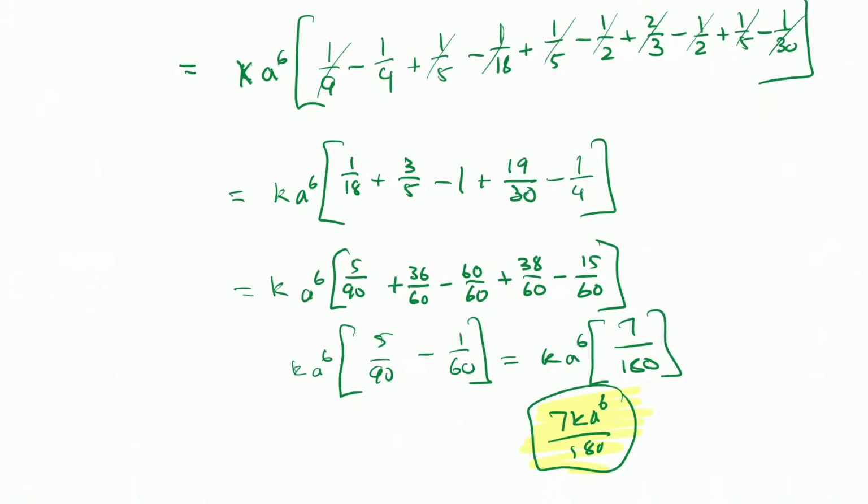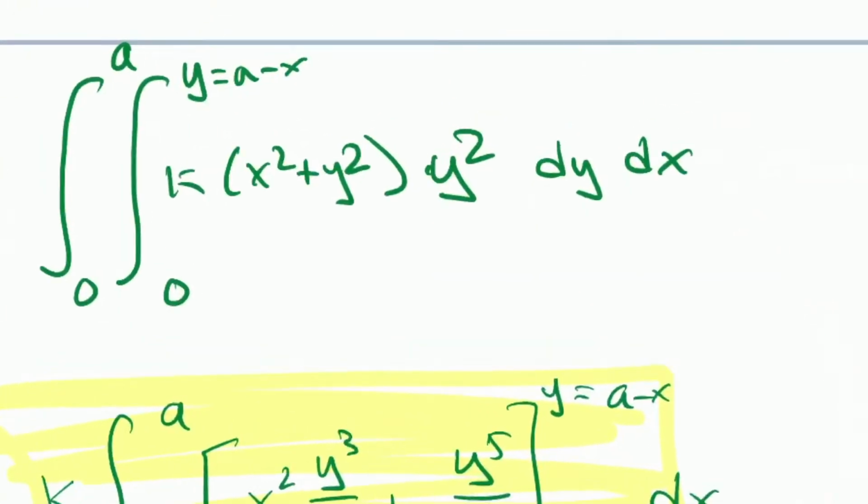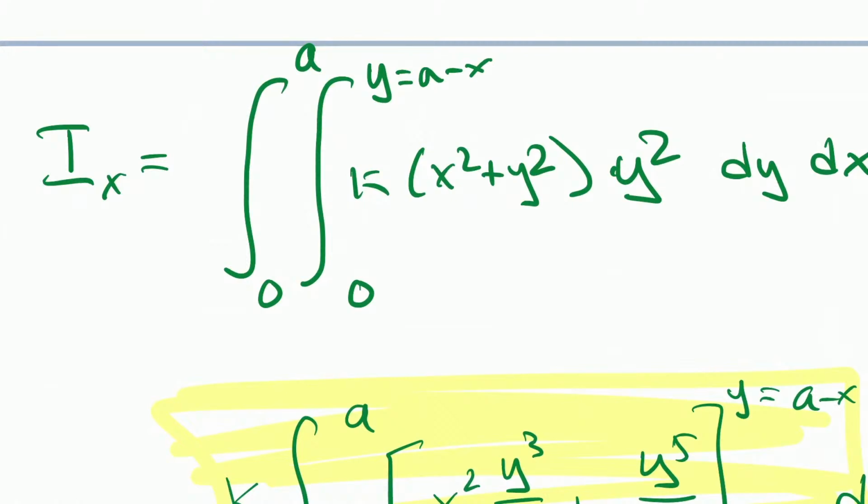If you did the moment about the y-axis, it's going to be far easier. I shouldn't say far. It will be easier. It won't be quite as ugly. And the reason is that if you do it, you'll have an x squared here. So here, I'll put this right. Let's use purple. So the moment about the y-axis, that thing becomes x squared.